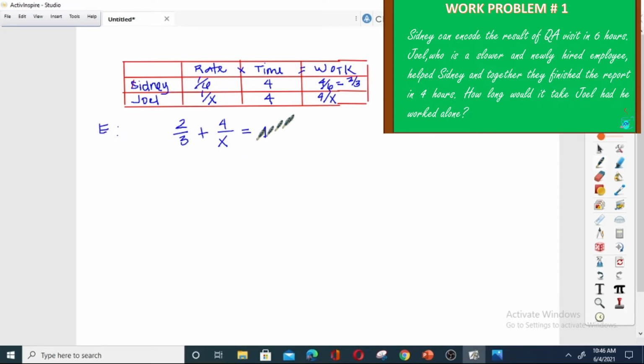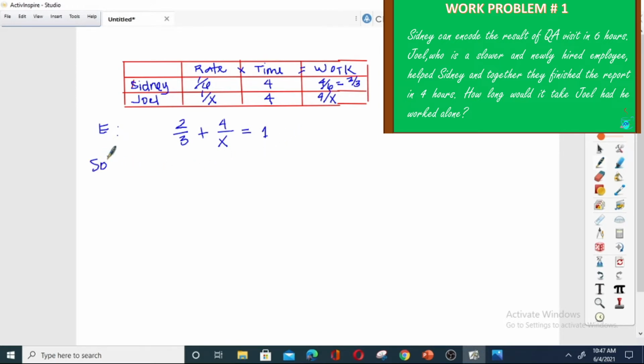Again, we should always equate it to 1. The sum of the work of two persons should be equal to 1, that means the whole job that they finish working together.